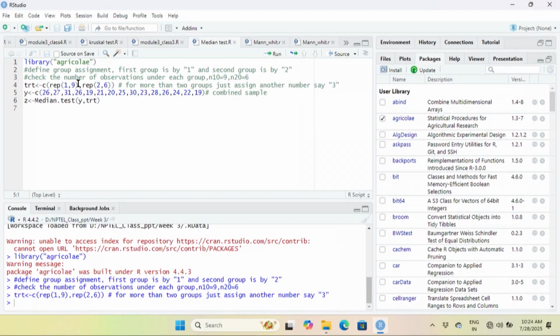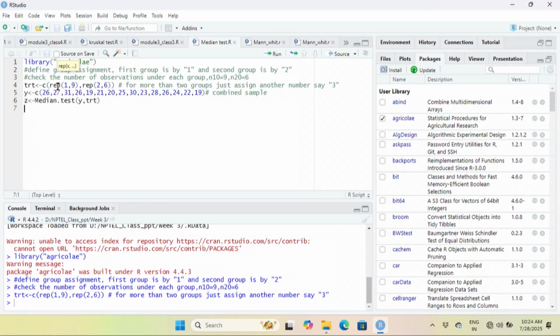Now one more thing while going for the median test. See, in the median test you are dealing with two types of batches, two types of treatment. In R language they are called the treatment. So you have to first make the treatment-wise segment. Clear?